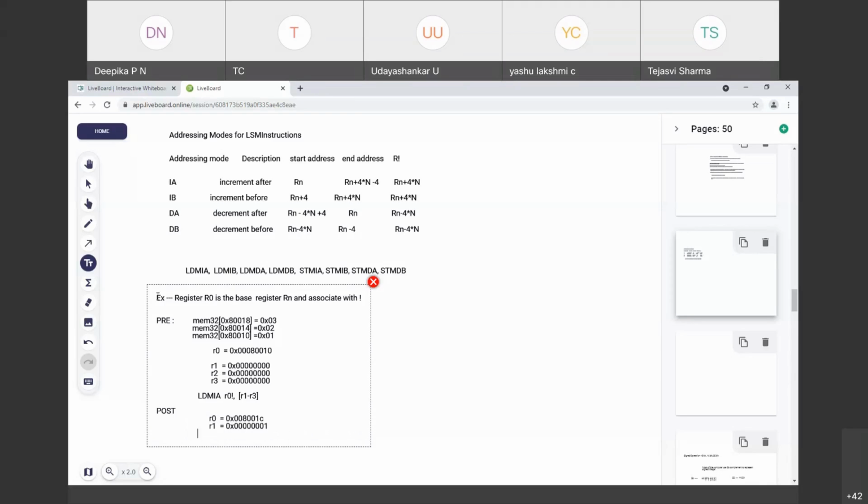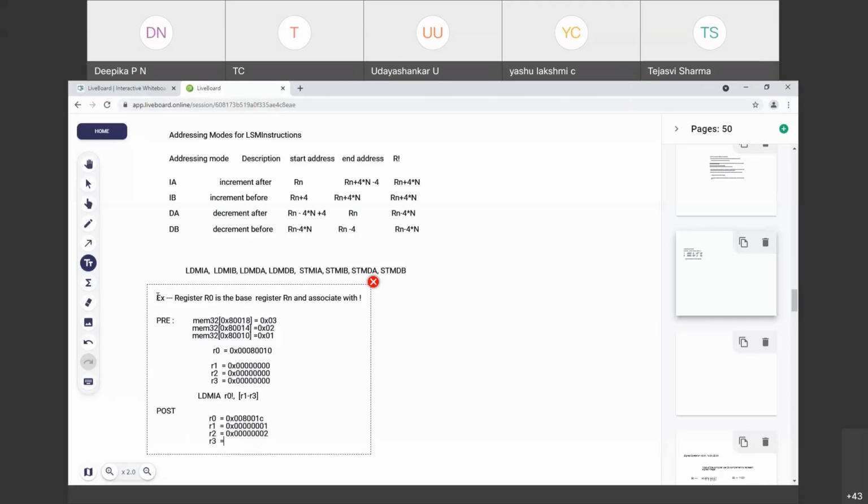Okay, and if I write R2 after execution, you please think I am loading the contents of the registers with the memory locations. You can say it indirectly like this, 0x00000002. Then I will have the register R3.